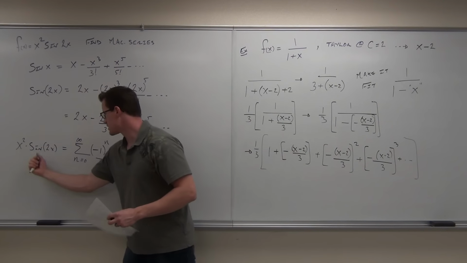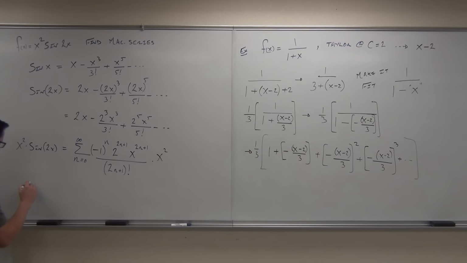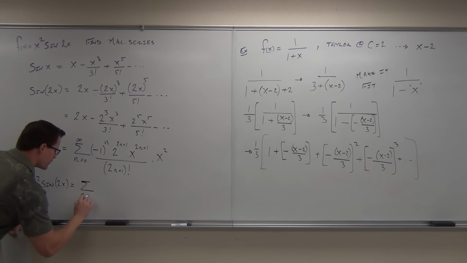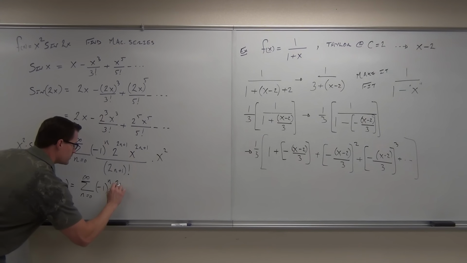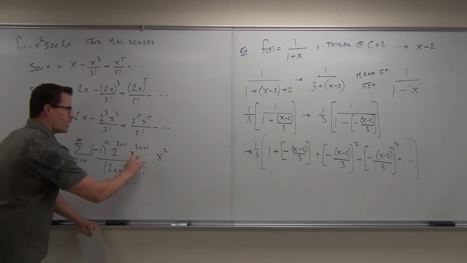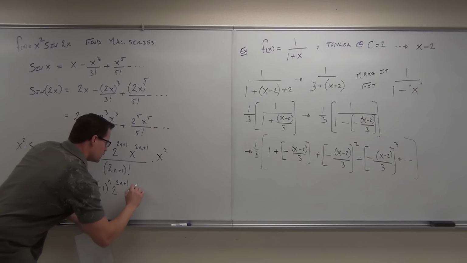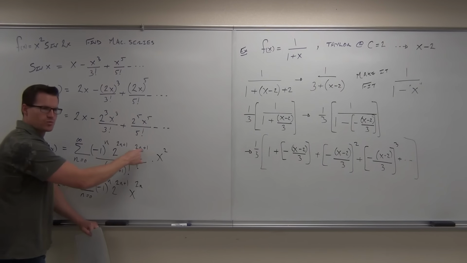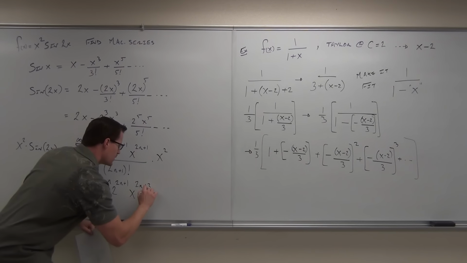Therefore, x squared times this thing is represented by this series times x squared. Therefore, x squared times sine of 2x is equal to our series. We go from 0 to infinity, negative 1 to the n, 2 to the 2n plus 1. What's that going to be? 2n plus 3. Do you guys remember that? You're adding exponents. So 2n plus 1 plus 2, that's 2n plus 3.